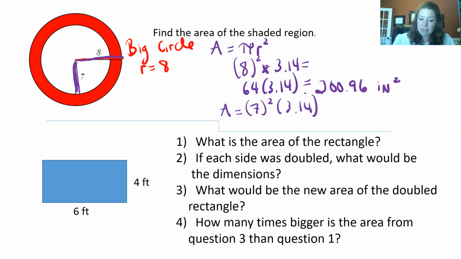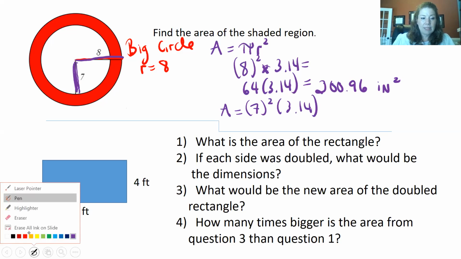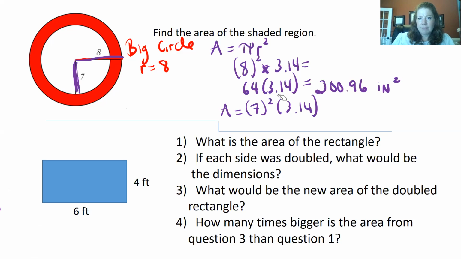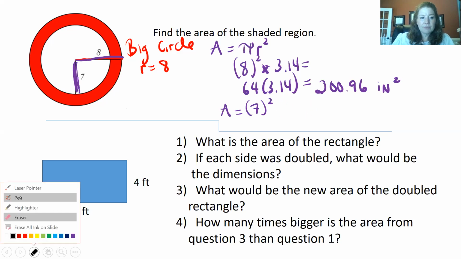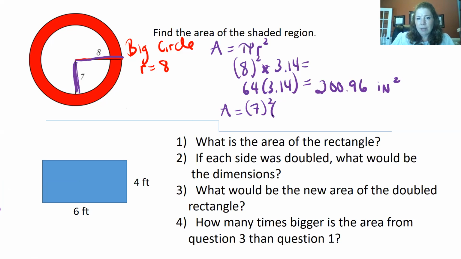So 7 squared is 49, and 49 times 3.14 is 153.86. So we're subtracting out the white circle.